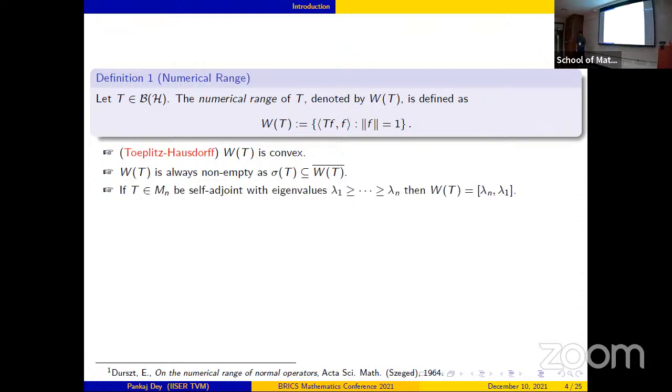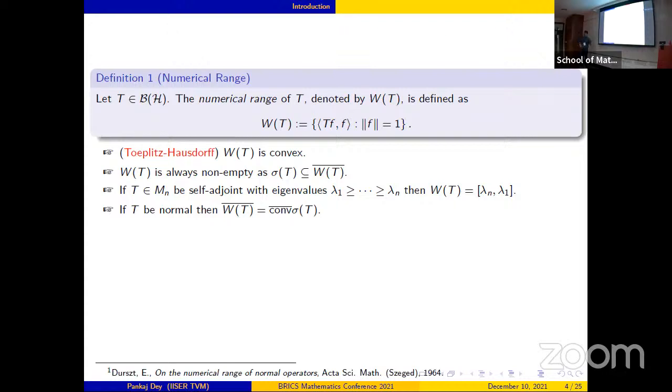If T is a self-adjoint matrix with eigenvalues lambda 1 to lambda n, then the numerical range runs from the smallest to the largest eigenvalue. And if T is normal, then the closure of W(T) is the closed convex hull of the spectrum of T. Just note that if T is finite dimensional, then W(T) is always closed.